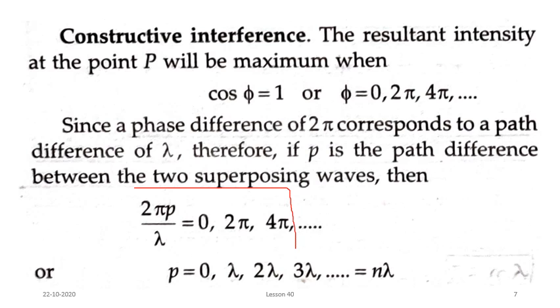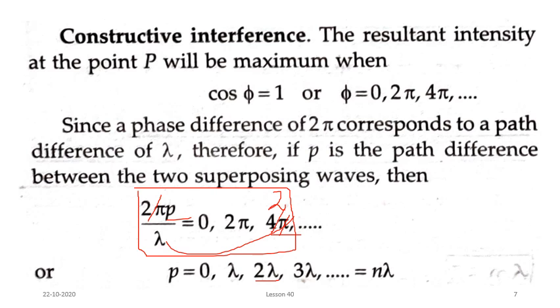Consider your third case, when 2 pi P by lambda equals 4 pi. In this case, this one will cancel this one by 2. This lambda will go here. So when my path difference equals 2 lambda, in that case also on the observation screen I will obtain the bright fringe.